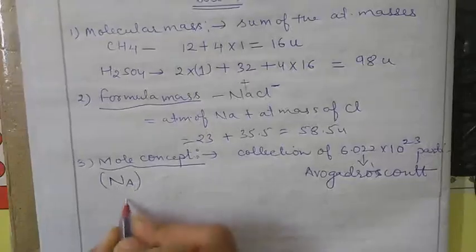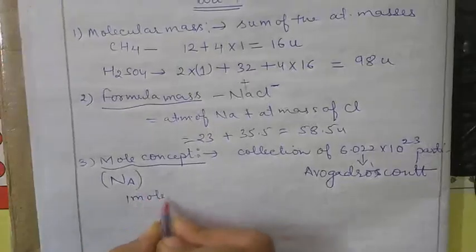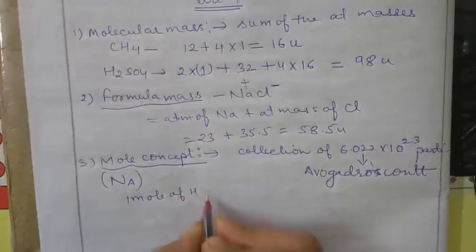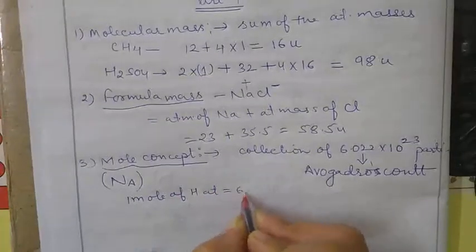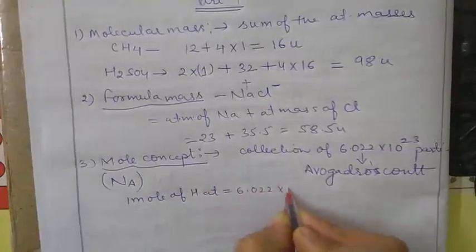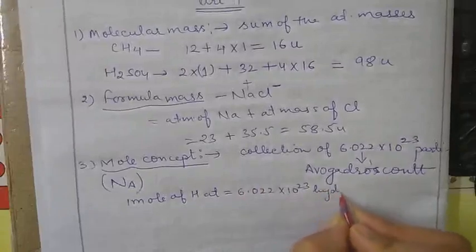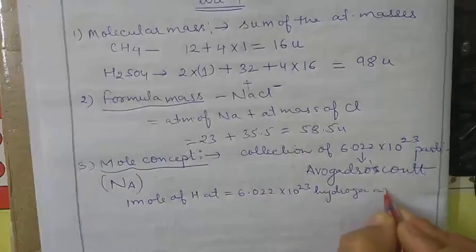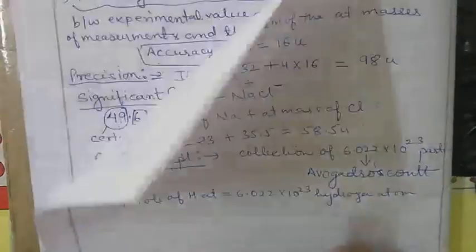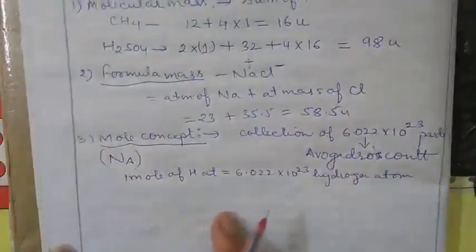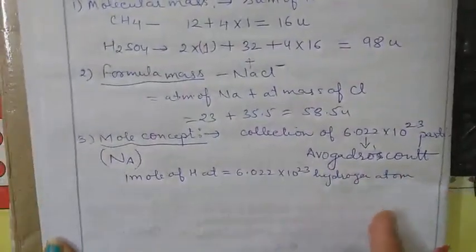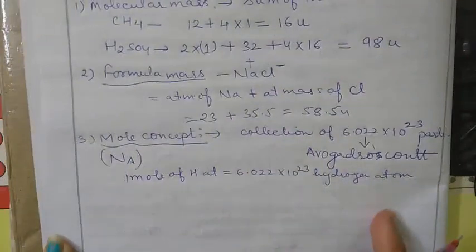For example, 1 mole of hydrogen atoms is equal to 6.022 multiplied by 10 to the power 23 hydrogen atoms. Clear?